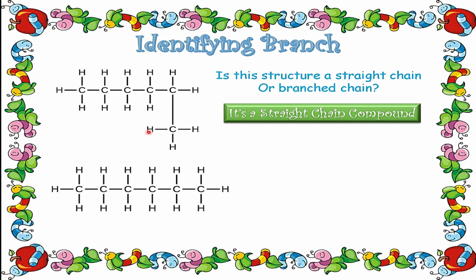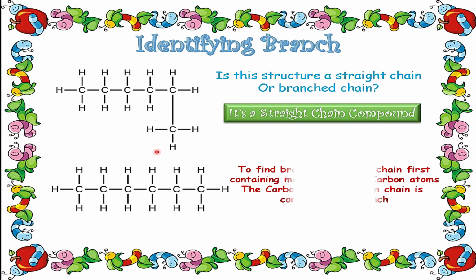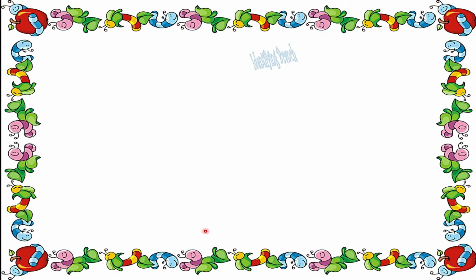So how will you identify whether this is a straight chain or a branch? To find a branch, first of all select the carbon chain containing the maximum number of carbon atoms. The carbon which is not included in that chain is considered a branch or side chain.